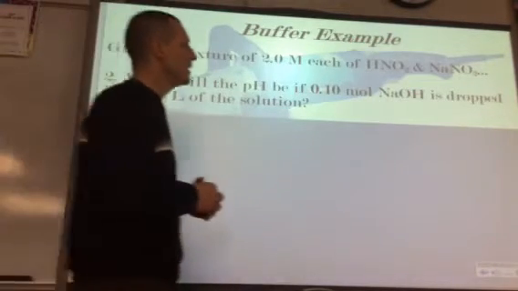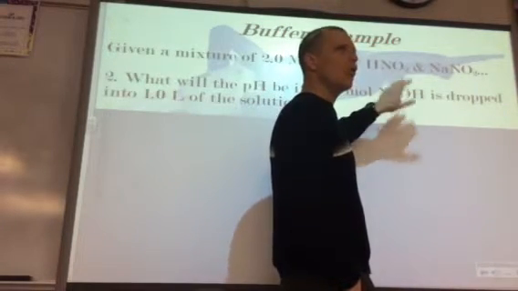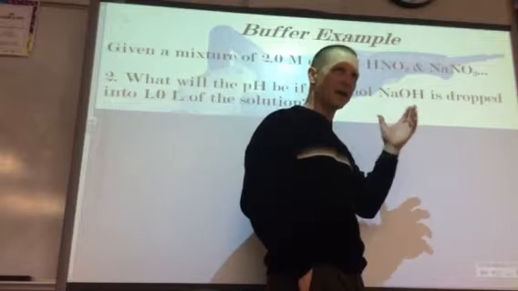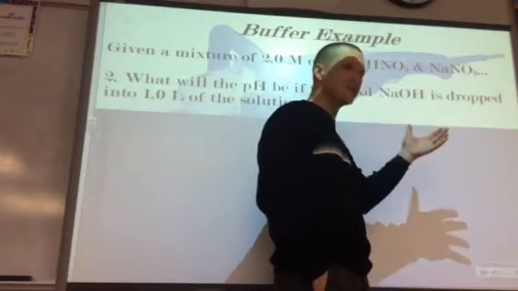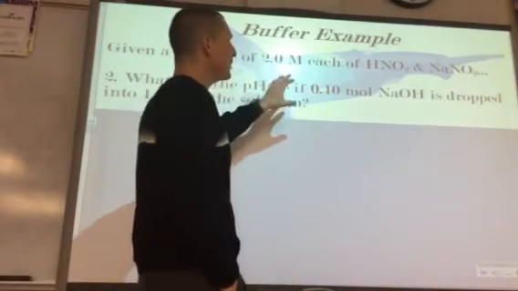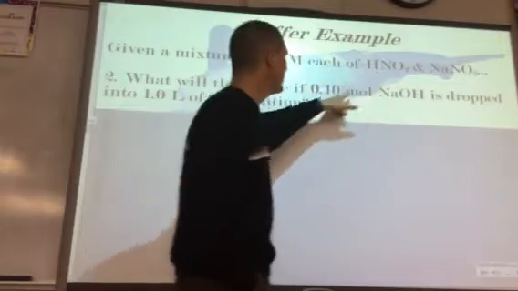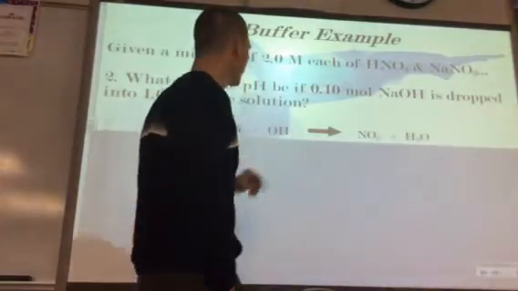Well, let's see. Hydroxide ions are dropped into this buffer. What buffer component is going to respond and neutralize it? The HNO2, right, the acid in there is going to respond to this attack by a strong base. So the reactants are going to be HNO2 reacting with the hydroxide ion. That's what it looks like.